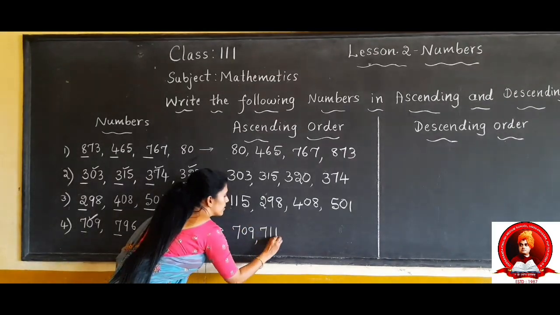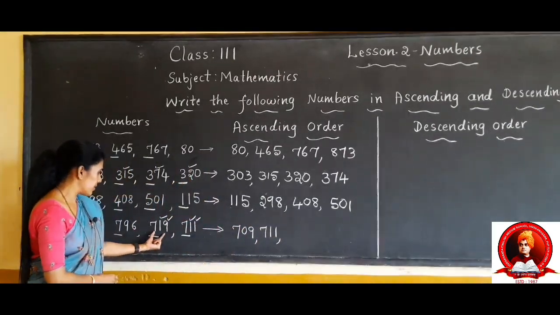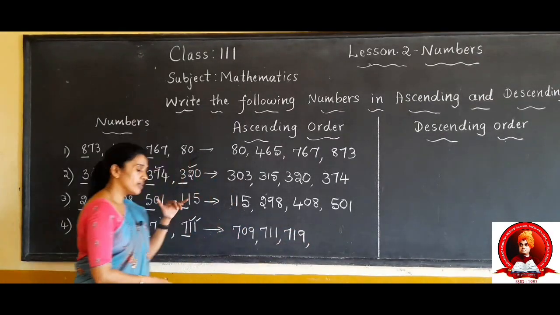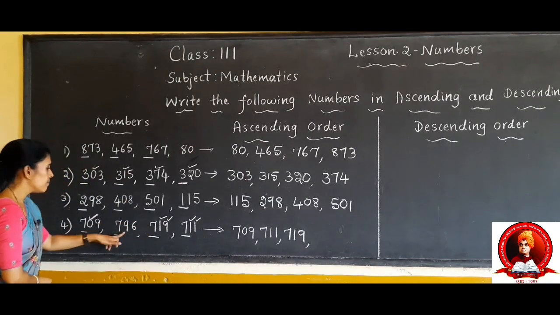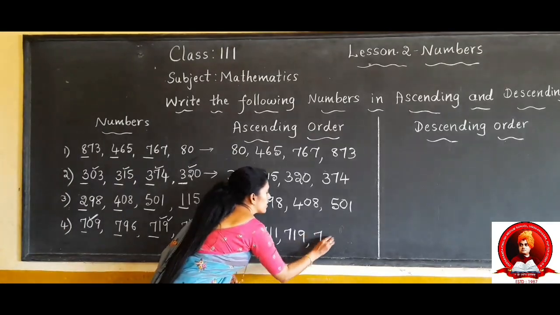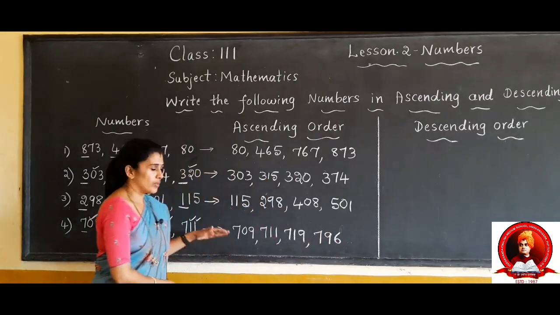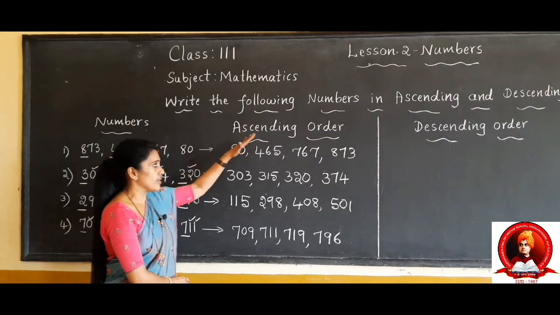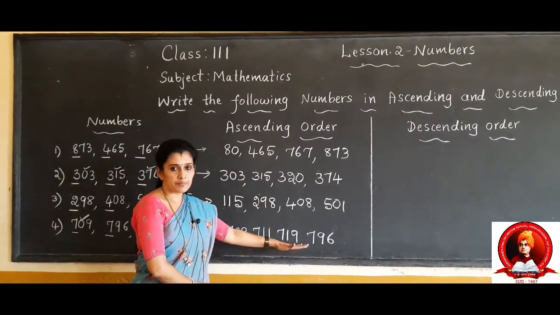Let us write here. After that the greater number is 719. You have to write it. Then the next remaining number is 796. Let us write here 796. So, in this way we can arrange the given numbers in ascending order.